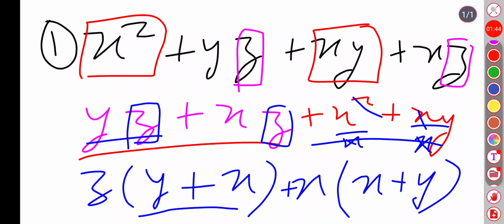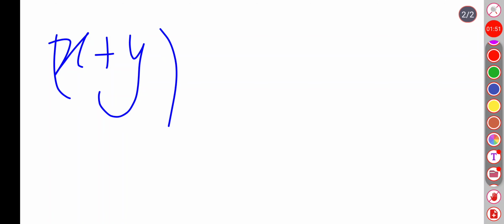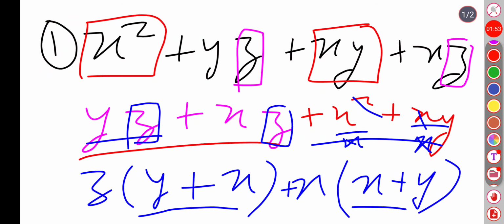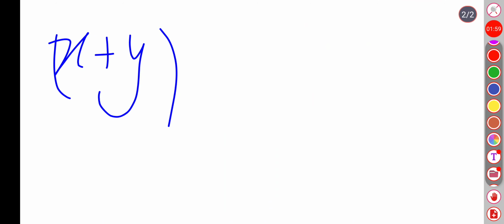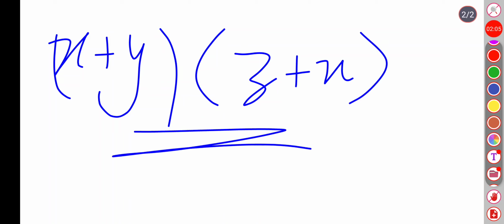So we can see that these two are common, so we can take that out, which will give us x plus y, and z plus x. So this is the answer, x plus y times x plus z, or z plus x.